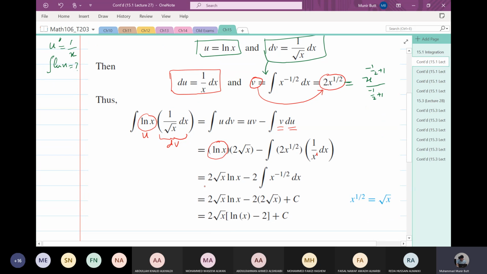So again here you apply the power rule: 2x ln of x minus 2, and again you integrate, 1 by 2 comes, so it will be 4. 2 and 2 will be 4, plus C. And then you can take 2 square root of x common.